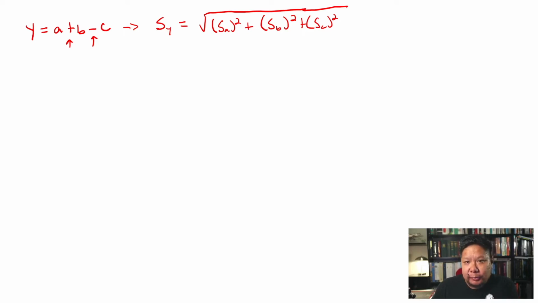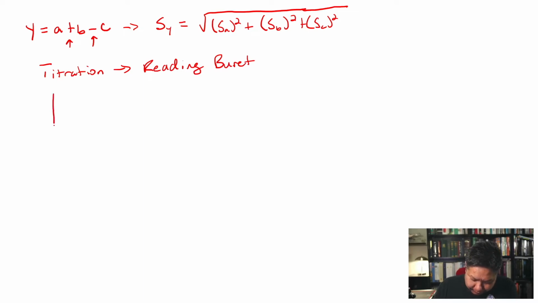So the most common place that you'll be using this kind of equation will be doing a titration. And why is it that in a titration you'll be doing this so often? Well, that's because in a titration you're always reading a burette. So why does that mean you'll be using this type of equation? Well, think about it. Here I have my burette, and here's my stopcock.